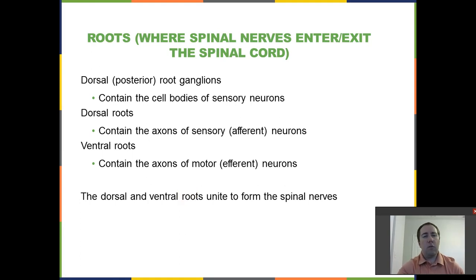The dorsal root not only has the root, but also has what we call a root ganglion. A ganglion is a term for a bundle of cell bodies in the peripheral nervous system. So the term ganglion only applies to the peripheral nervous system.